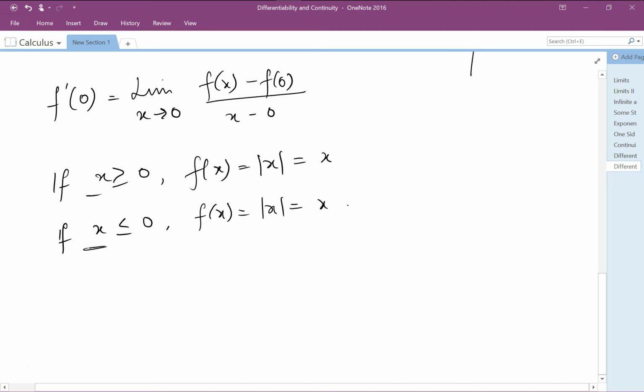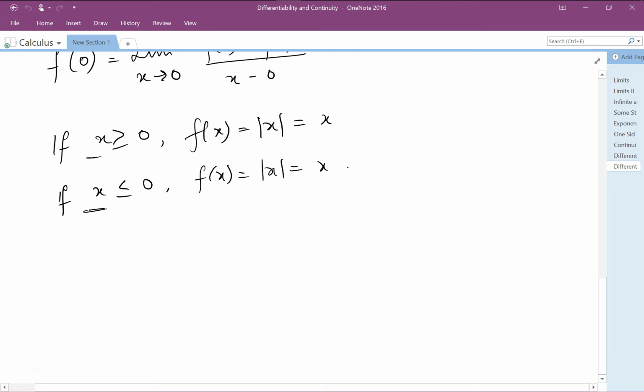Since things are interesting at 0, let's look at one-sided limits as we get closer and closer to 0 from left and right. So limit as x approaches 0 from the positive side, f of x minus f of 0 by x minus 0.